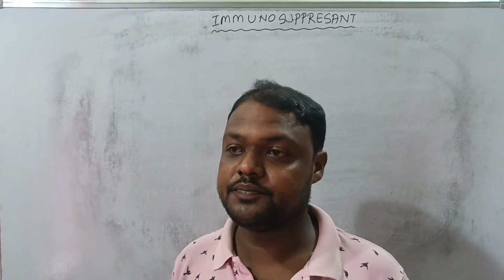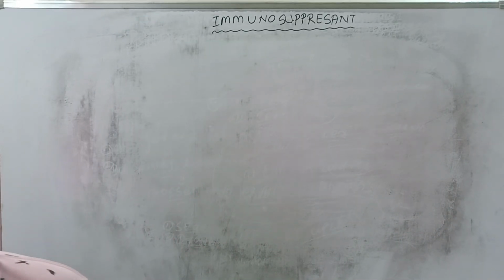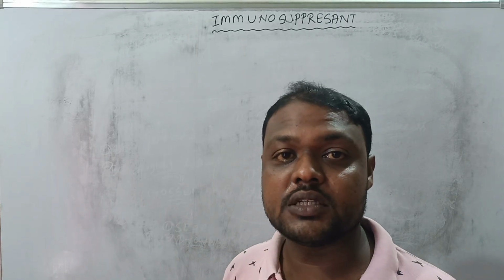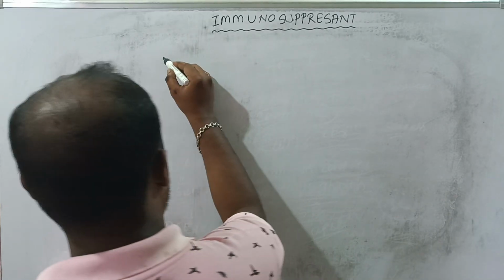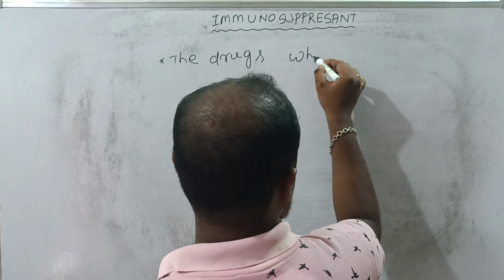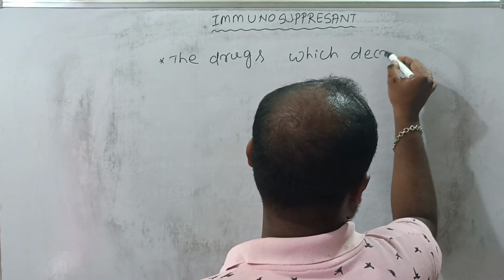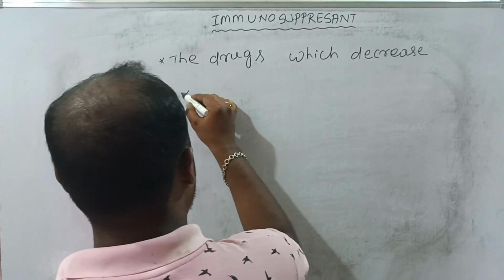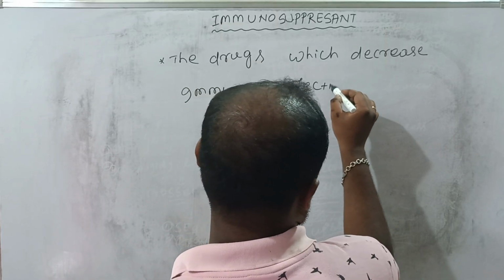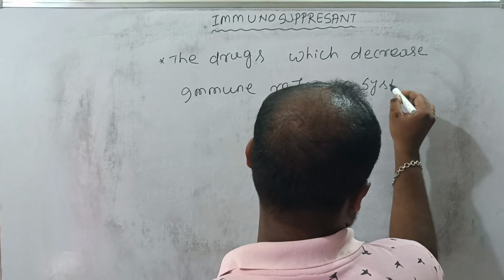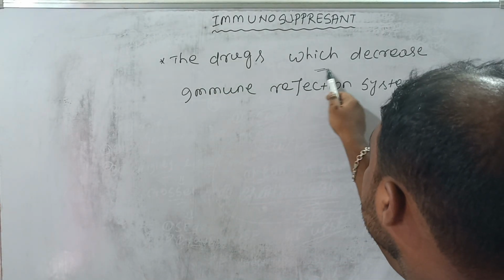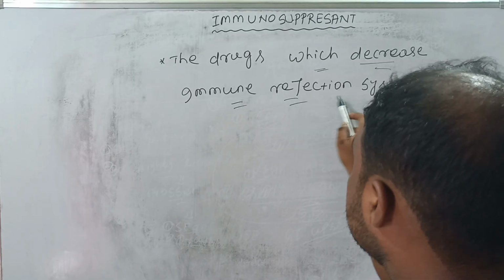What is an immunosuppressant? It is the drug which decreases the immune rejection system.